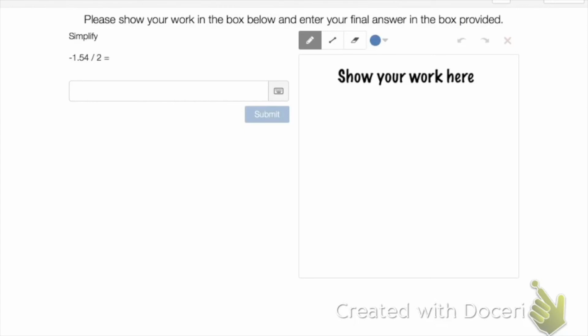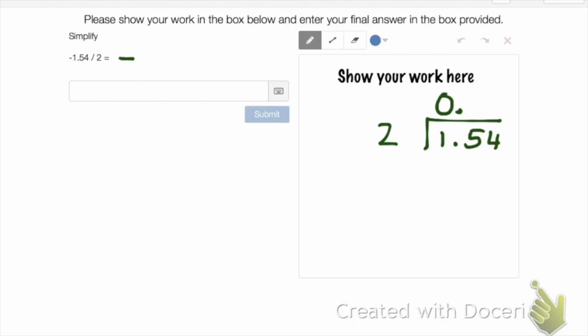Next problem, negative 1 and 54 hundredths divided by 2. Negative divided by positive, the answer will be a negative answer. Now we can put 1.54 under the bar, and we put 2 outside. 2 cannot go into 1, so we have to put 0. The next thing we see is the decimal, so we have to put the decimal.